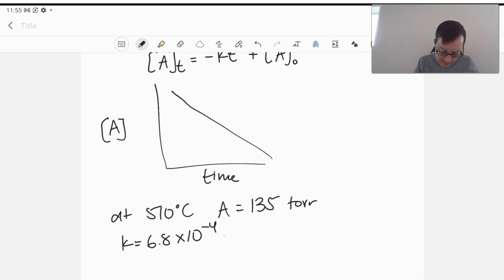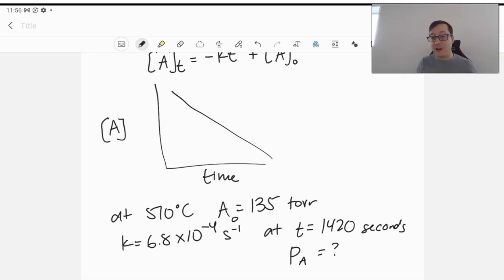Those are the three numbers we need. So A at time 1420 seconds, what's the pressure of A?